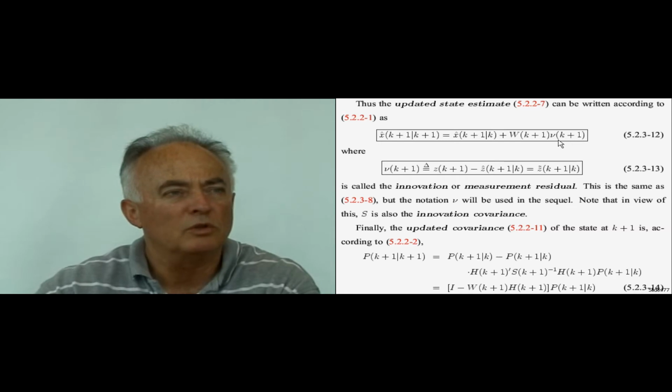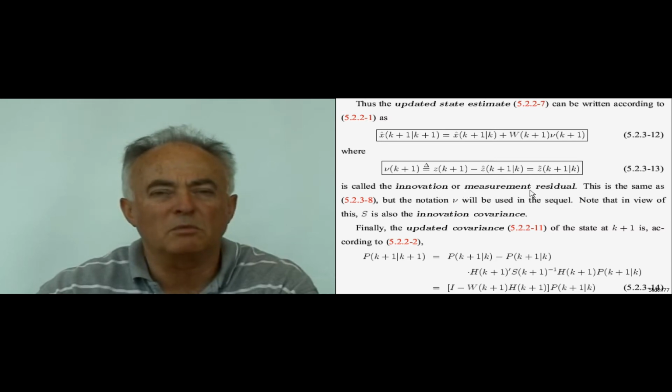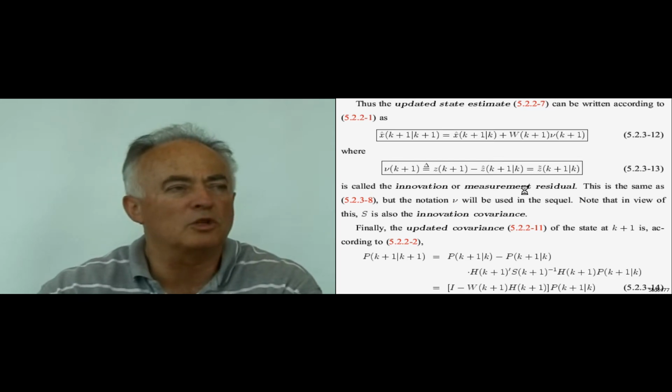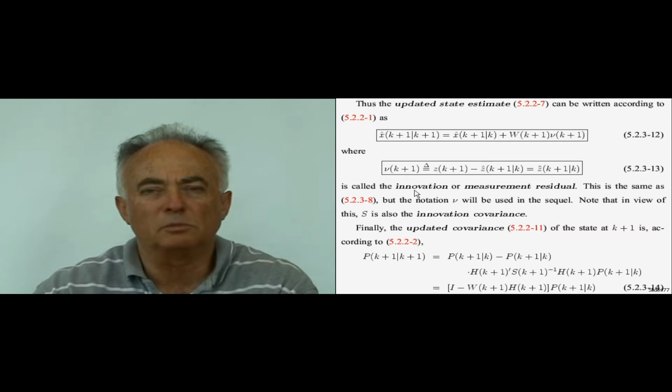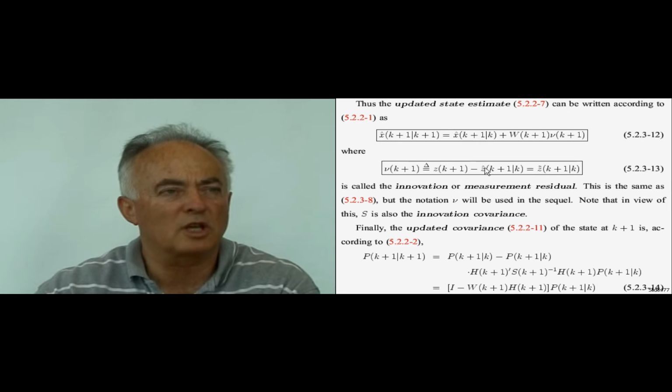The term nu now stands for innovation, that's the new information, or, as we have seen it before, the measurement residual. Both terms are in common use, but it is useful to interpret it as innovation because this is the real quantity that contains the new information. So this is z k plus 1 minus z hat k plus 1|k, denoted either as nu k plus 1 or as z tilde k plus 1|k.